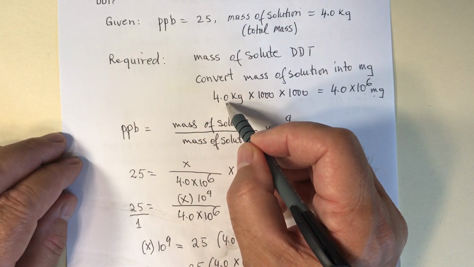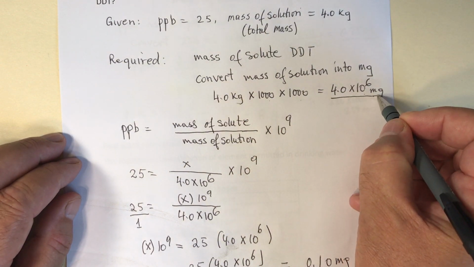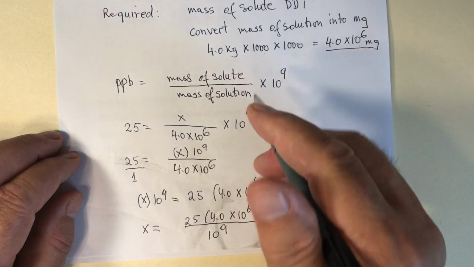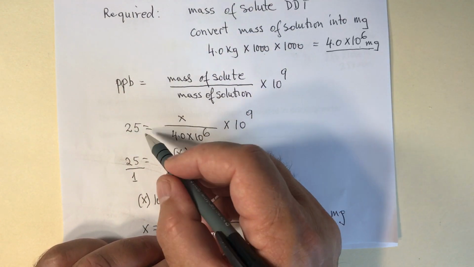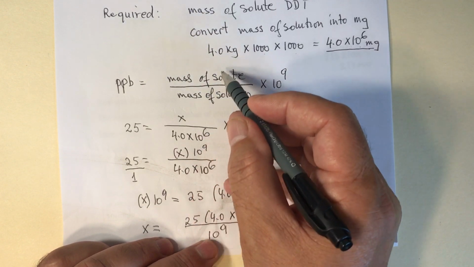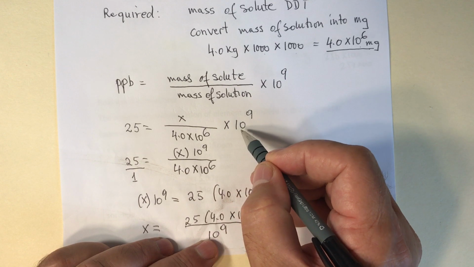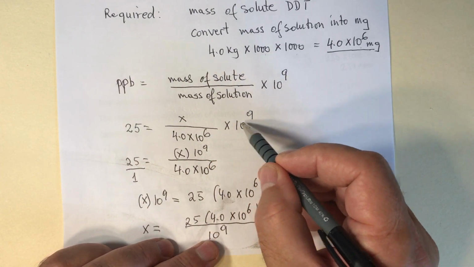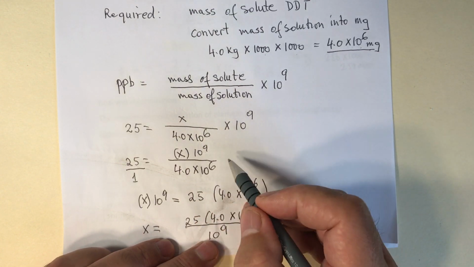Convert mass of solution into milligrams. We have a mass of 4 kilograms times 1000 times 1000, and you get 4.0 times 10 to the power of 6 milligrams. Parts per billion equals mass of solute over mass of solution, times 10 to the power of 9. Parts per billion is given, 25. So 25 equals x, mass of solute, over 4.0 times 10 to the power of 6, multiplied by 10 to the power of 9. This 10 to the power of 9 goes into the numerator and is multiplied by x.